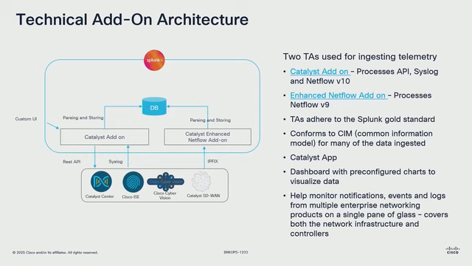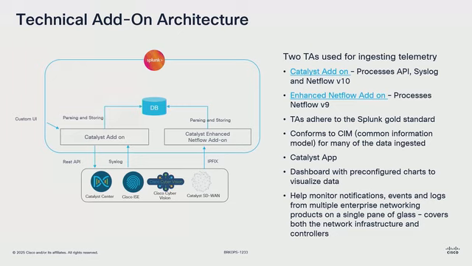The other way I can get data into Splunk is to send syslog. So SD-WAN can send syslog to Splunk through the Catalyst add-on. I can send syslog from the Catalyst switches, for example. ICE can come in through syslog. And on the right there is the enhanced NetFlow add-on. These are generally considered some of the prerequisites if you read the documentation on how to install these add-ons.